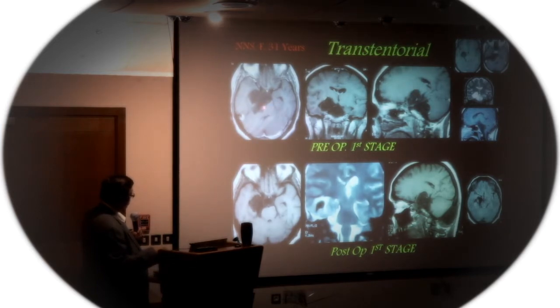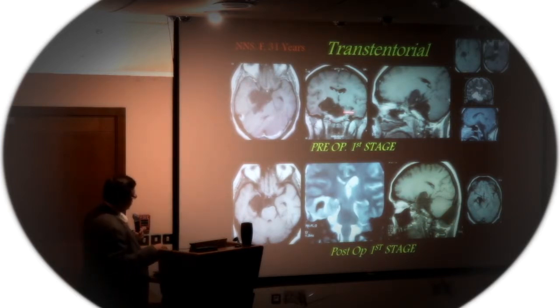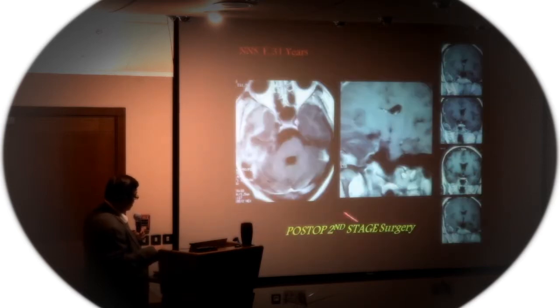Or, as we said, it could be transtentorial, as we have seen, going through the tent. And we do it in two stages, as I mentioned. This is first the tumor. We've done the first stage, which is either posterior fossa or the middle fossa, and then you continue with the second stage and complete removal of the tumor.